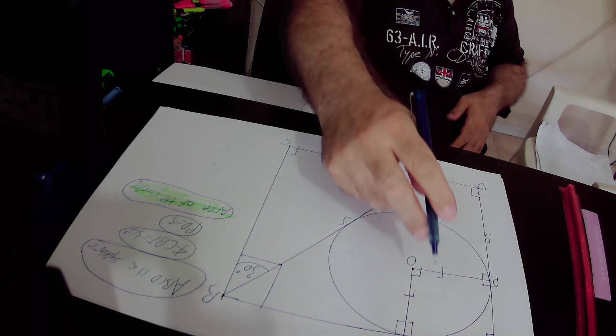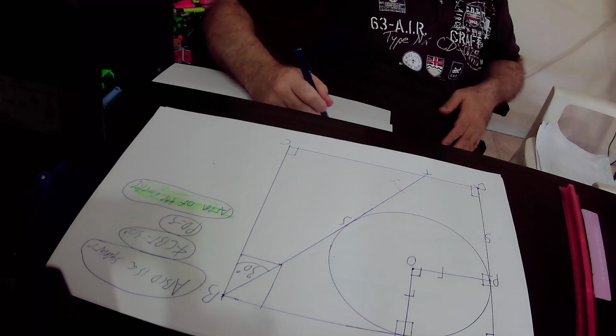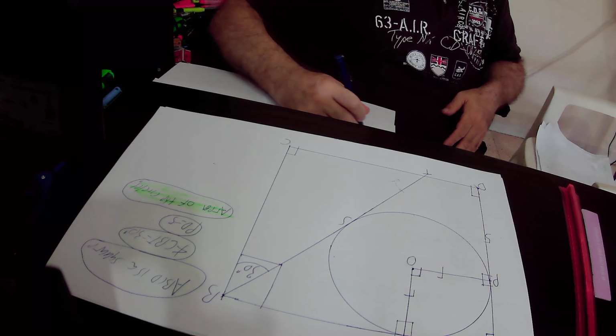But we have already found out that QO equals R, the radius of the circle.